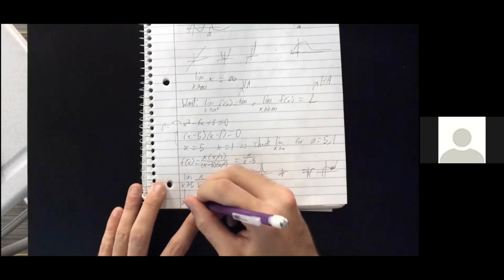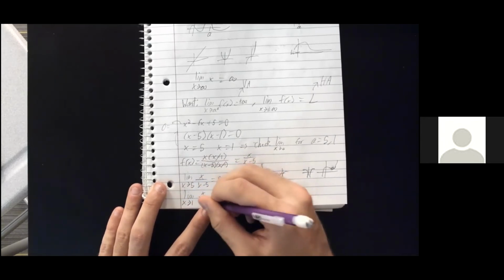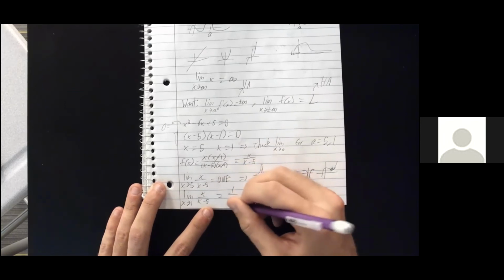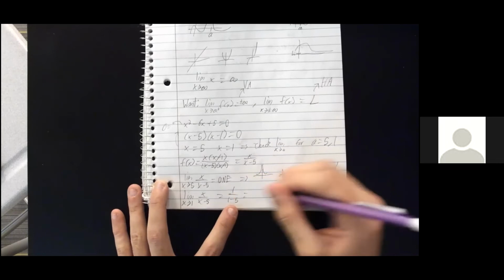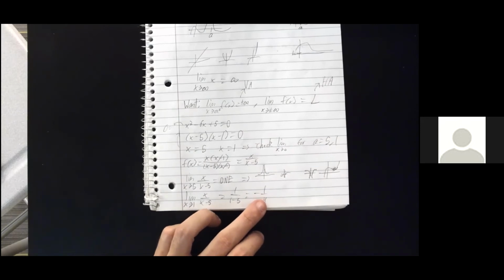Whereas if you plug in the limit as x approaches 1, you just get negative 1/4, right? And so you'll have that removable discontinuity here, because you can't actually plug 1 into this function.